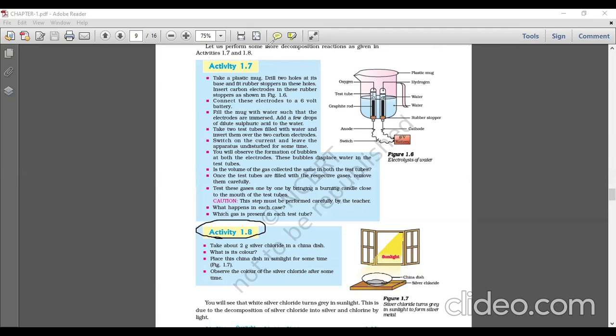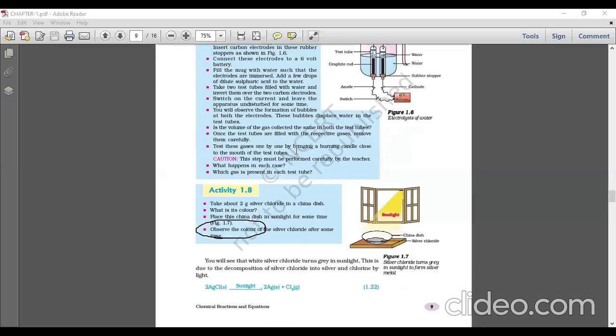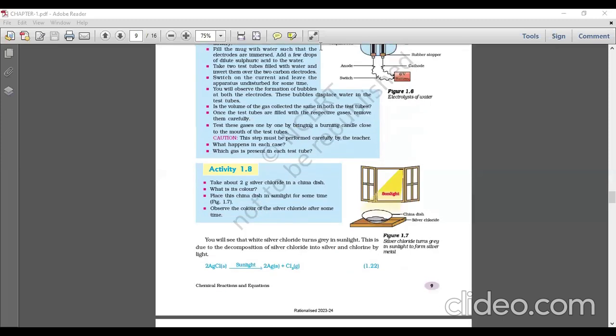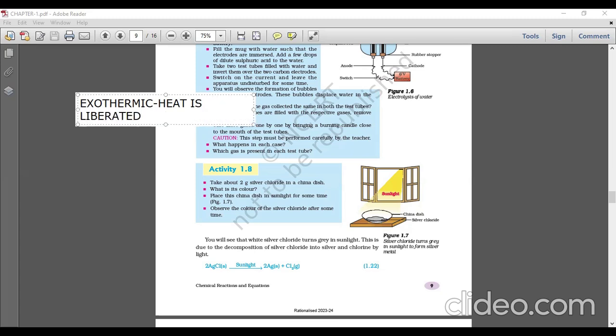In this activity 1.8, we are going to study endothermic reactions. As I have already explained in the previous videos, exothermic means that during a chemical reaction, if heat is released or liberated, such reactions are called exothermic reactions.